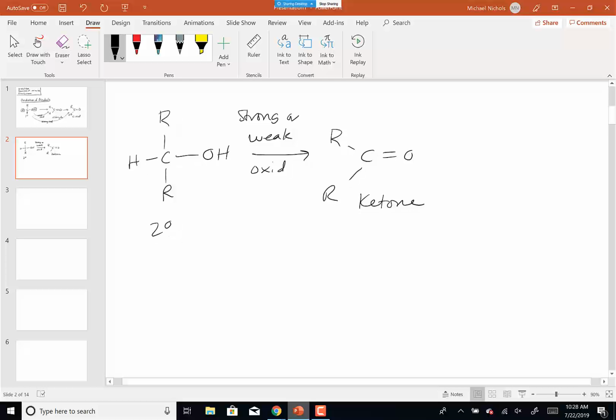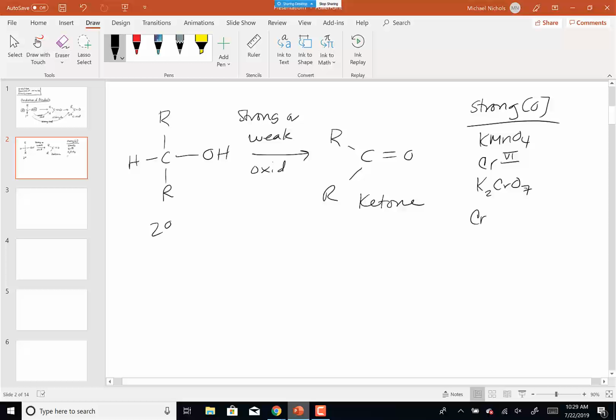In terms of the strong oxidizers, there's a whole list of these. We could use potassium permanganate. We could use any chromium 6 reagent, and that includes potassium dichromate.